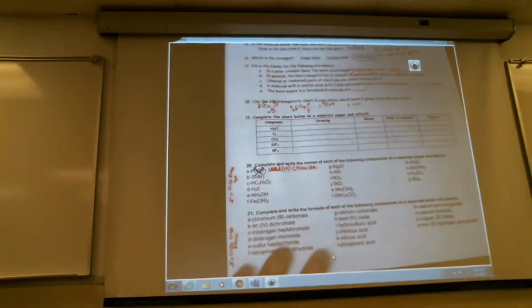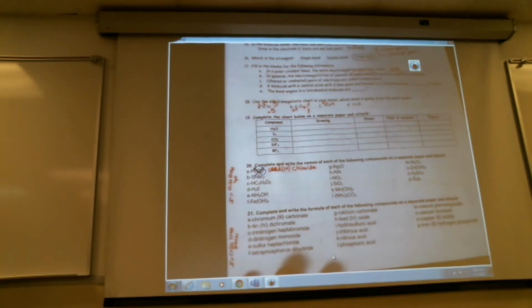And again, if you don't want to put it on a separate paper and you feel like you can write small enough, this is perfect. Okay? Sn, selenium, and Br. Then we keep going.